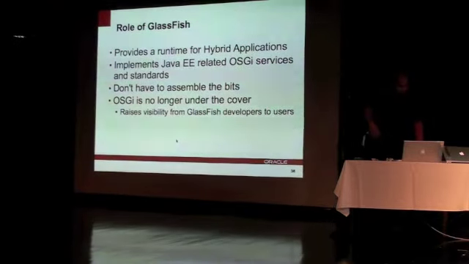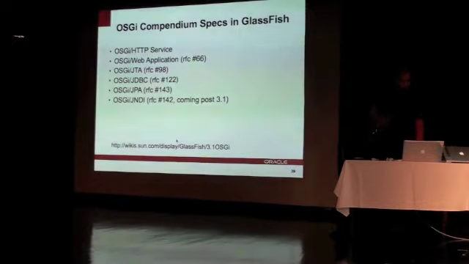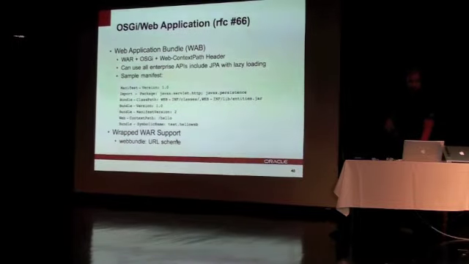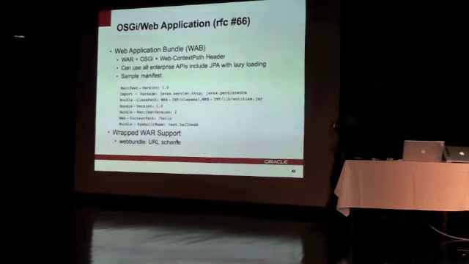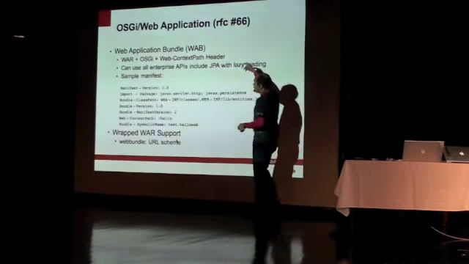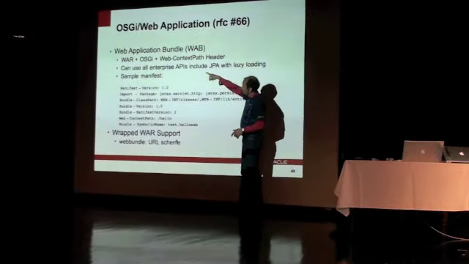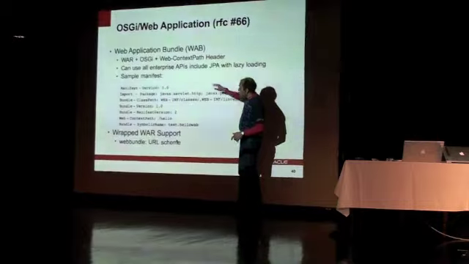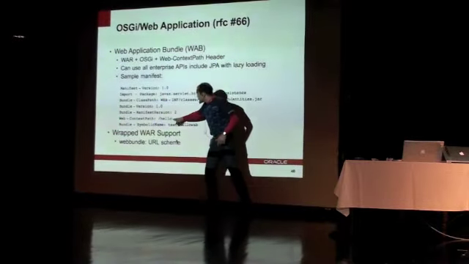So let's look at some specific use cases that are being used to solve this problem. This, by the way, is a list of RFCs that we have implemented in 3.1. So for example, my web application bundle, all I have is a WAR. This is also an OSGi bundle. All I specify in there is my web context path.